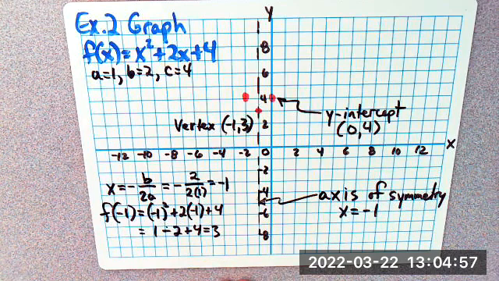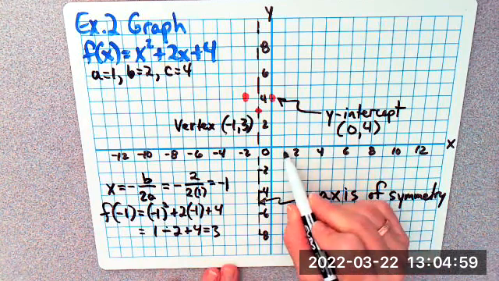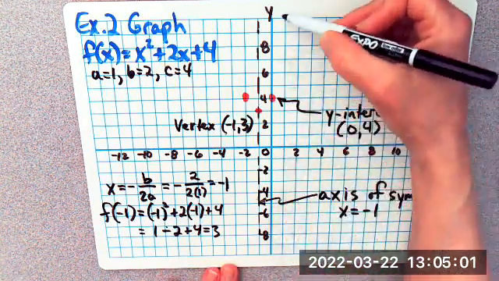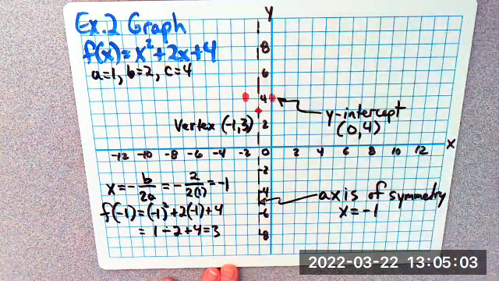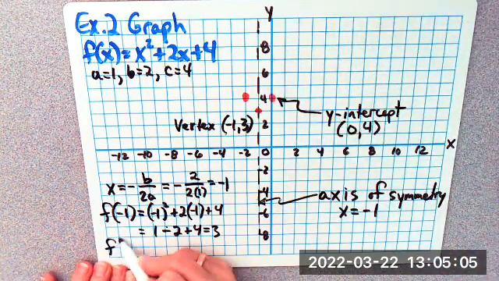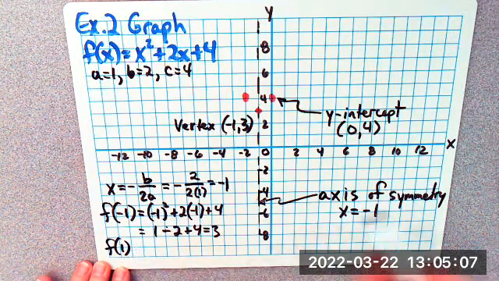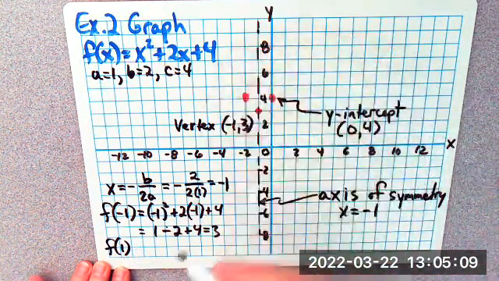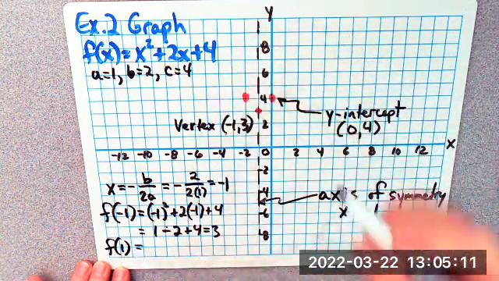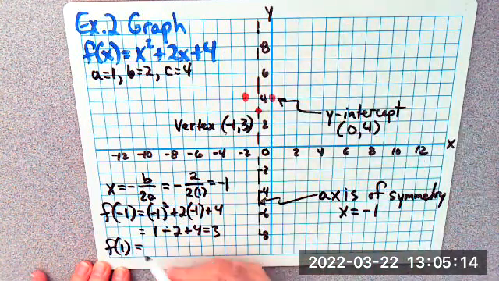So all we have to do now is figure out, well, let's plug in 1 because that looks like it's the next point on that. So let's see what f of 1 is going to be. And from that, we can just find the other point over here because of the axis of symmetry.